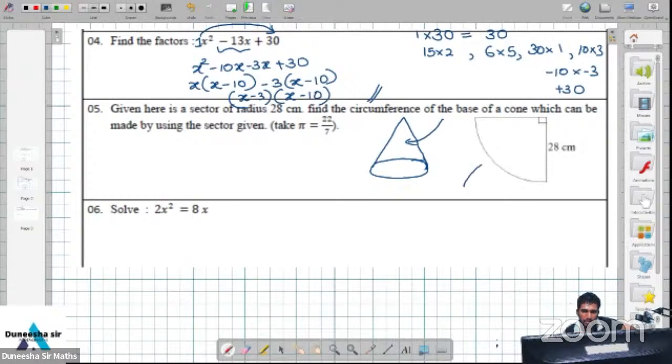Then, can you find this curved length of the sector? How do we find it?